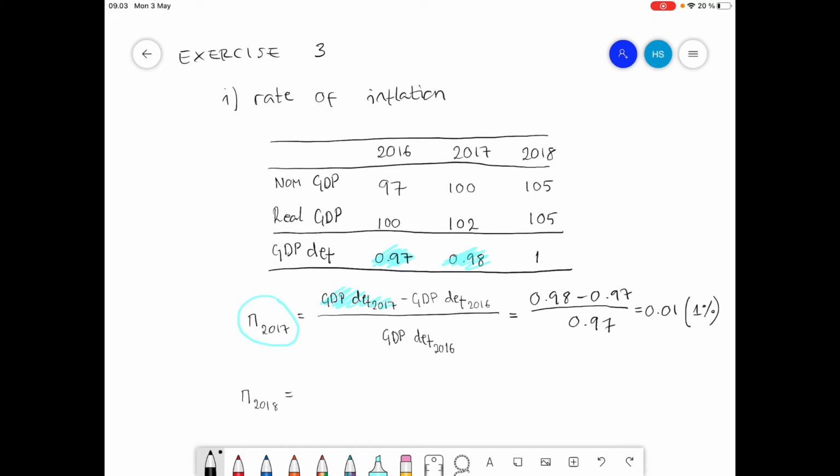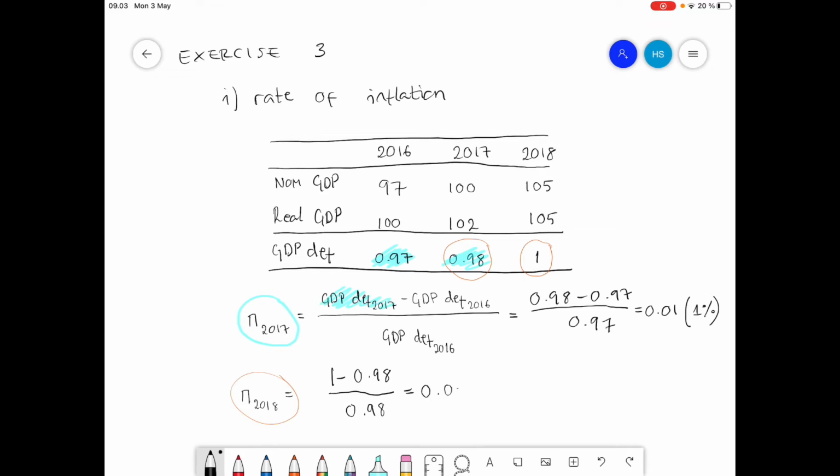Calculating the rate of inflation for 2018, we do the same. So we use the GDP deflator for 2018, and we need the GDP deflator for 2017. We plug it in, so we have 1 minus 0.98 over the GDP deflator for 2017, that is 0.98.